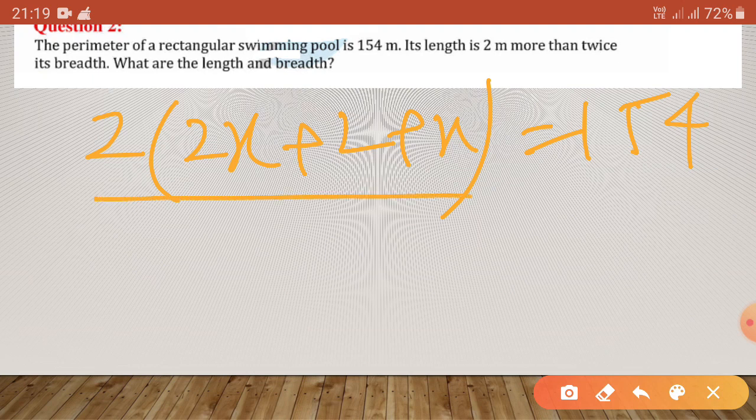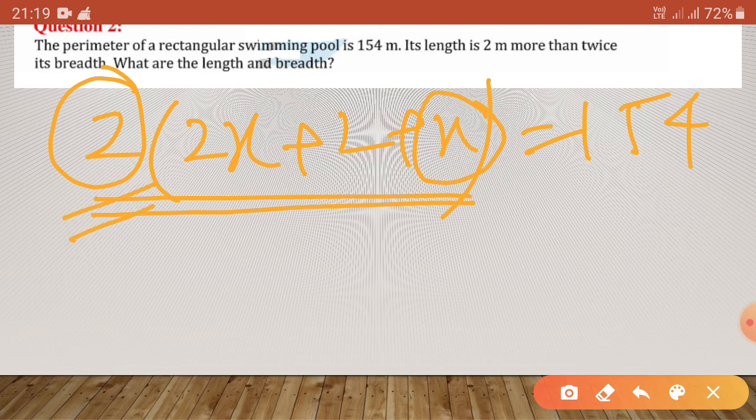look at the left side, it is multiplied by 2. So if we want to find out the value of x, we have to omit all the terms related to x. So here at first outside the bracket it is 2, so if we want to omit this value we have to divide both sides by 2.